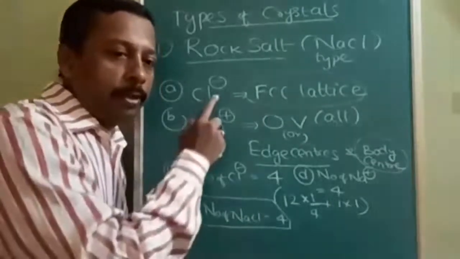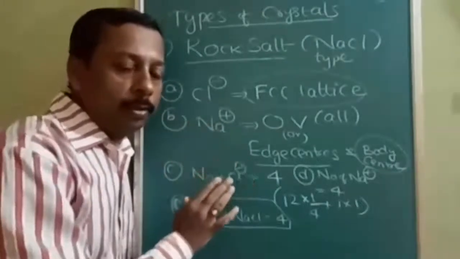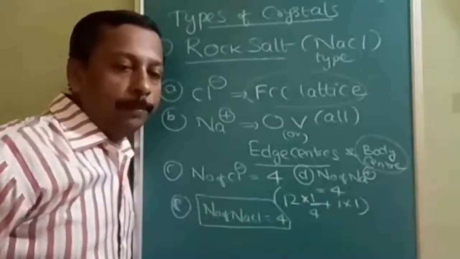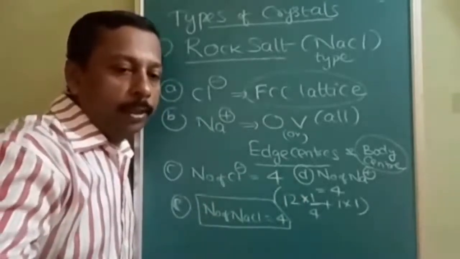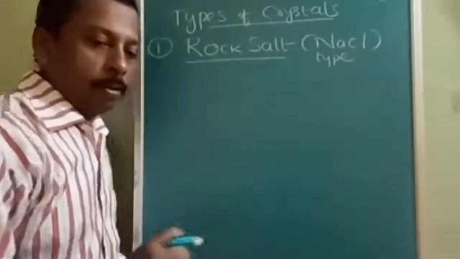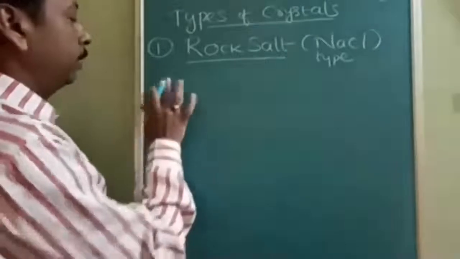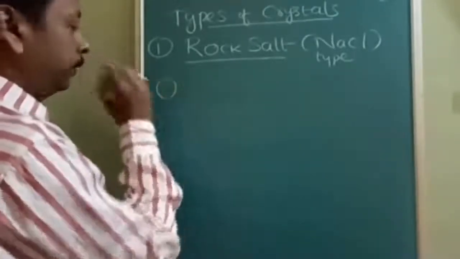First, the location of Cl and sodium only you will remember. All the rest will be derived based on the first 2 points only. Note them down clearly. Next, after the fifth point, the sixth point.